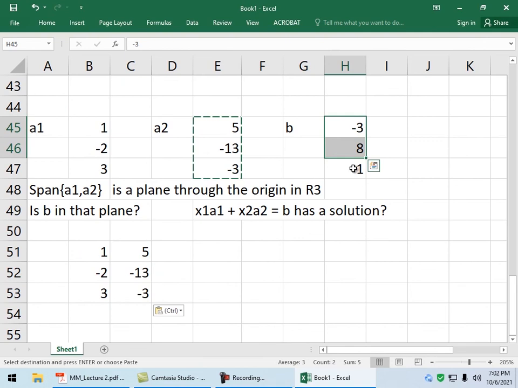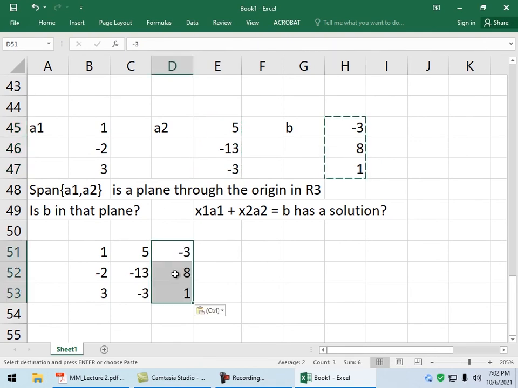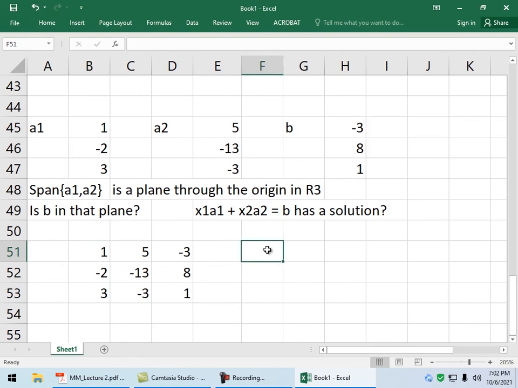This is the second and these are the third. So this is our augmented matrix. And now we need to produce, again, a very convenient pivot element. So the first row will be 1, 5, minus 3. What will be the second and the third? Please compute.